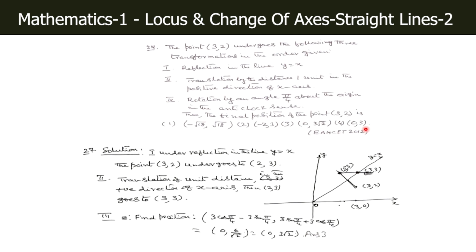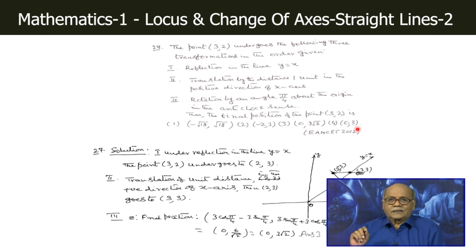Okay, right. And I want to tell you the various formulas in the change of axis. First of all, shifting of origin, that is a translation of the origin without changing the direction of the axis.